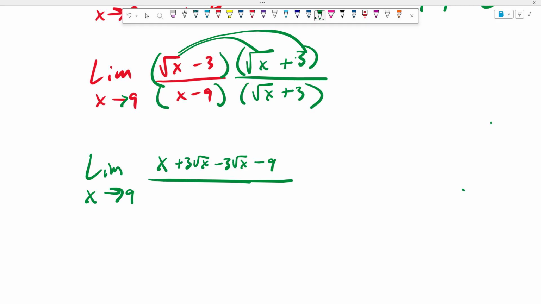Just leave it the way it is, x minus 9 times square root of x plus 3. We really only distribute the side, either the numerator or denominator, whose conjugate we chose. And when you multiply conjugates, the two middle terms always add to be 0.